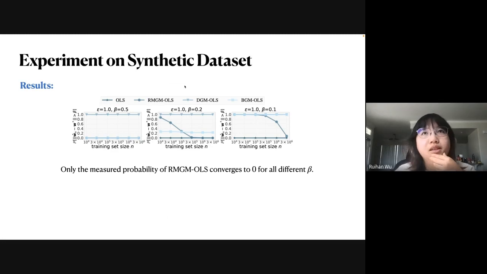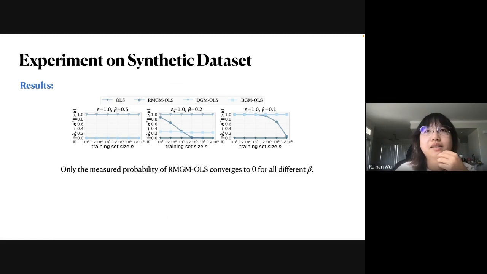So here is the result. Different lines are different methods, and these 3 figures are measured for 3 different beta values. Beta is the lower bound of the error that we want to measure.